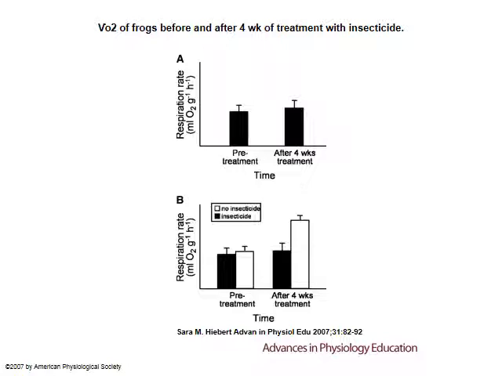Based on all of the data collected in this experiment, it could be concluded that insecticide reduces respiration rates of frogs. And in order to really tell, you compare the insecticide treatment group and the non-insecticide treatment group after the 4 weeks, and that really tells you that there is a difference in these two treatments.